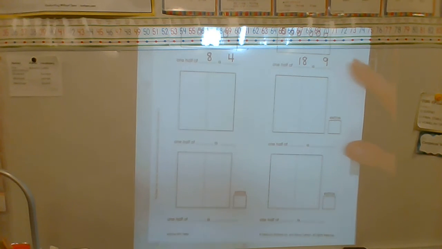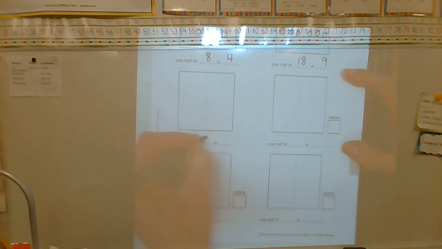This time we're going to share 12 pennies. If we're practicing our doubles strategy, what doubles problem has the answer 12? Draw your picture.